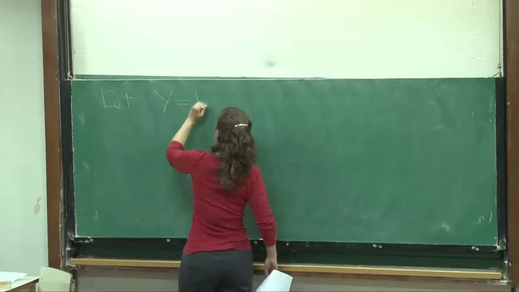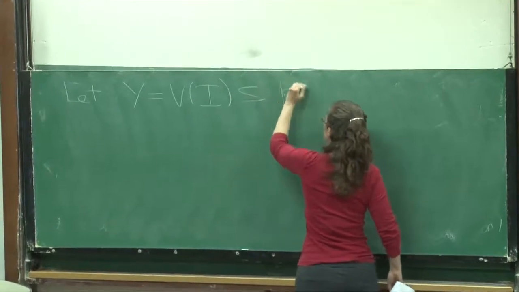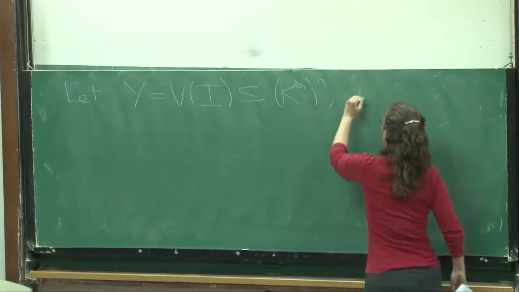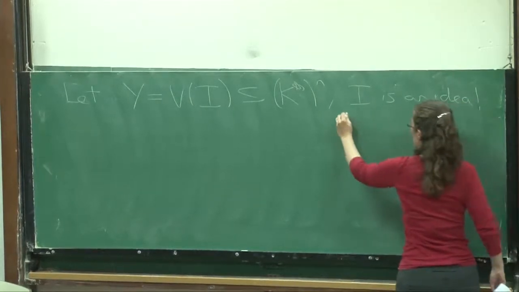I'm going to write Y to be the variety of an ideal I in (k star) to the n, where I is an ideal in my Laurent polynomial ring.